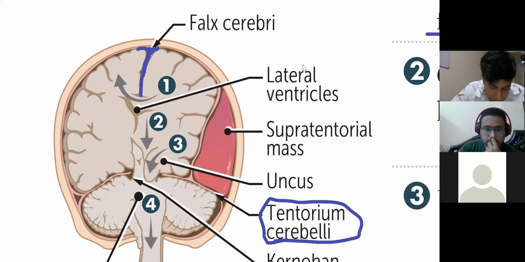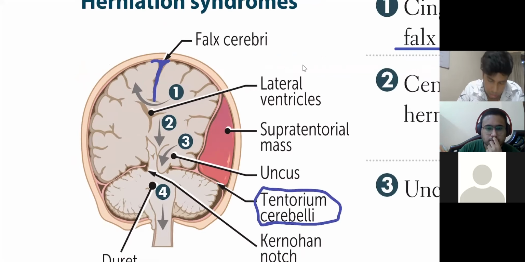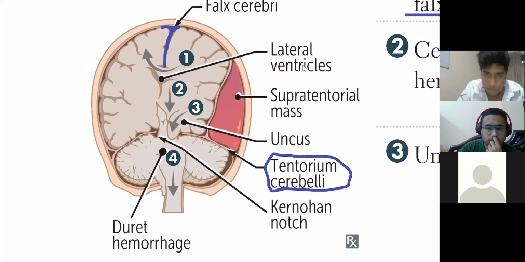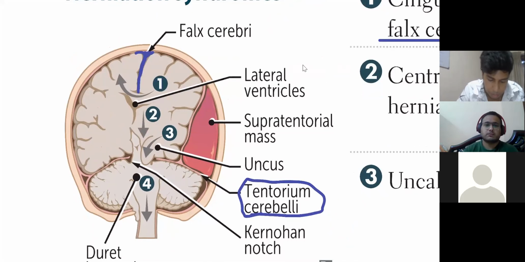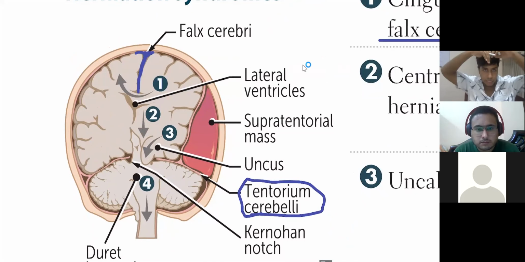The falx cerebri is present between the two hemispheres, and the reason for a structure like this is that it stops the brain moving too much. I told you guys that the brain is floating in the subarachnoid space, so it can't just be allowed to float as much as it wants. There has to be a limit.